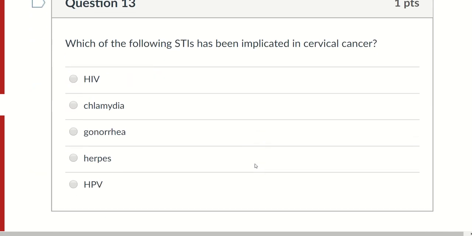All right, 13: which of the STIs has been impacted in cervical cancer? Which one causes the warts? HPV, the human papilloma virus. So Gardasil protects against HPV, hopefully protects against cervical cancer as well.